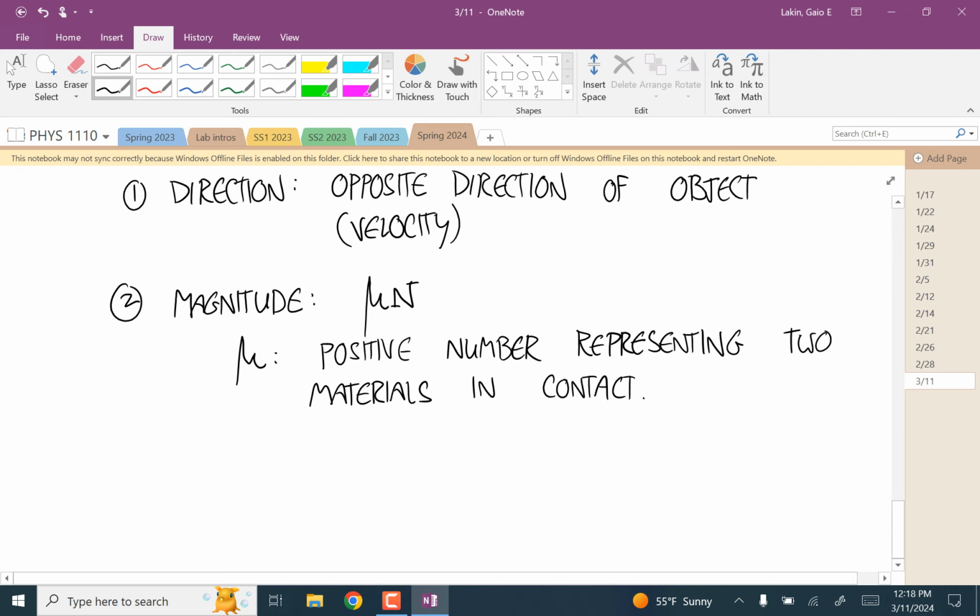And so if you have a wood block sliding along smooth concrete, you have some amount of friction. If instead you have an iron object moving along a smooth steel surface, you have a different amount of friction. That's determined by this coefficient of friction. So that's what this is called, coefficient of friction.